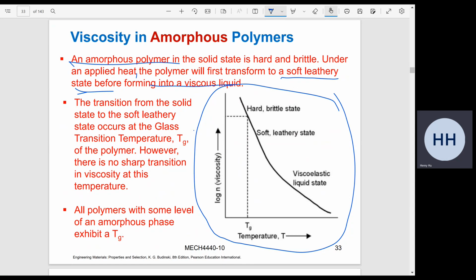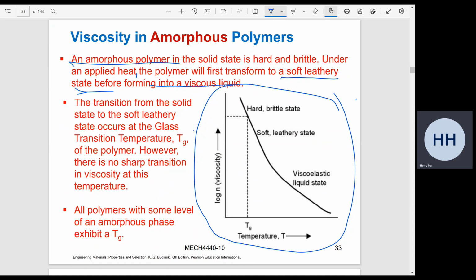So for the amorphous polymer, those polymers do not have a clear melting temperature. But what they do have is what we call the glass transition temperature. In other words, the viscosity of this type of polymer will change gradually instead of dramatically at the melting temperature, as for crystalline polymer.